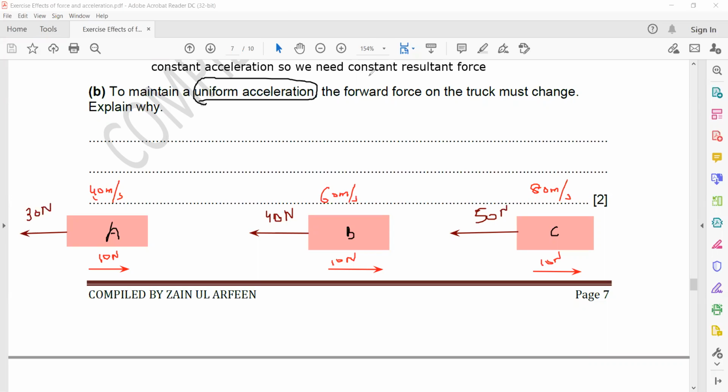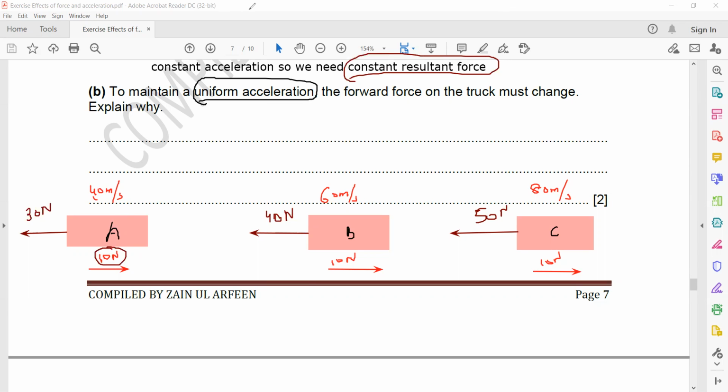But in all the cases I want a constant resultant force. I want the same resultant force on all of them. For example, if I need a resultant force of 10 Newton towards the right hand side, what should be the forward force here?